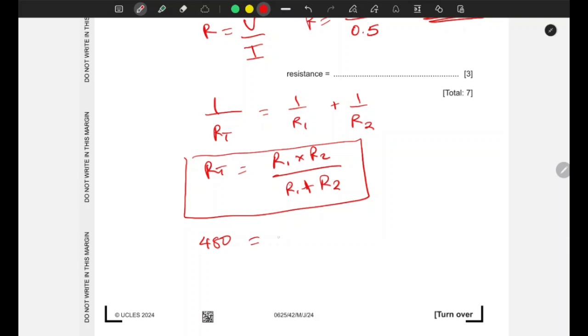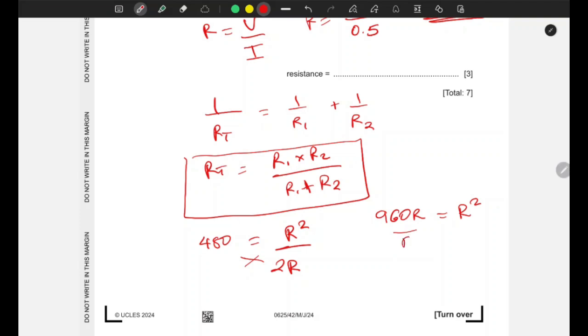So R times R gives us R squared over 2R, because R plus R gives us 2R. Now we cross multiply, we have 480 times 2, that gives us 960. 960R equals R squared.